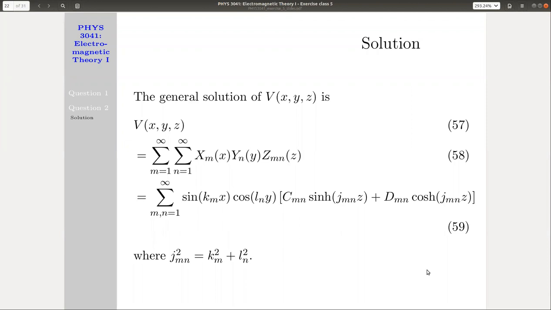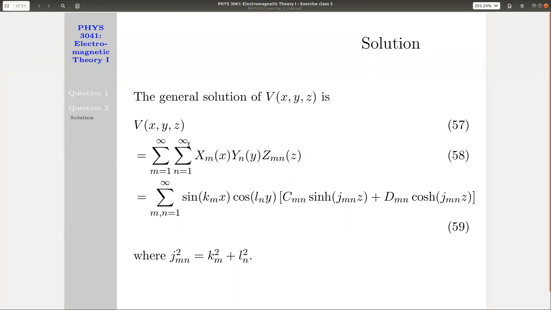The general solution of this potential would be some linear combination of the eigenfunctions. For each m and n, we have the solution to be this one: x_m, y_n, and z_mn. For each m and n, the solution will be a product of them.